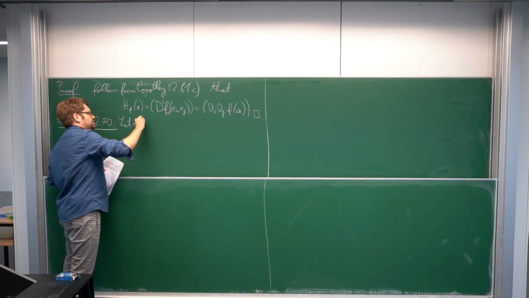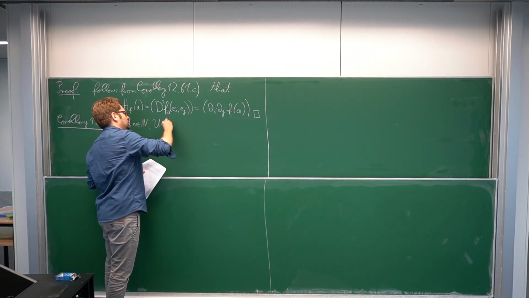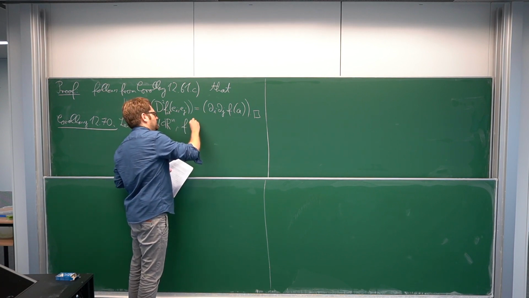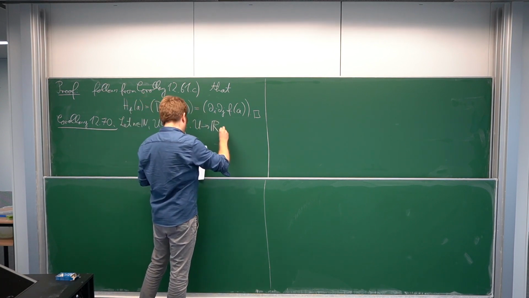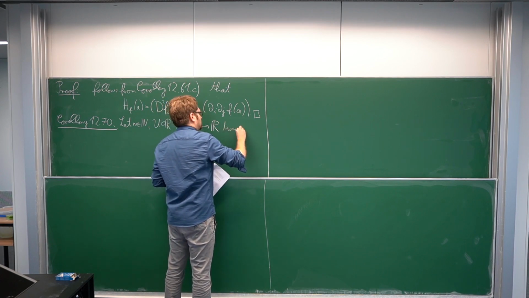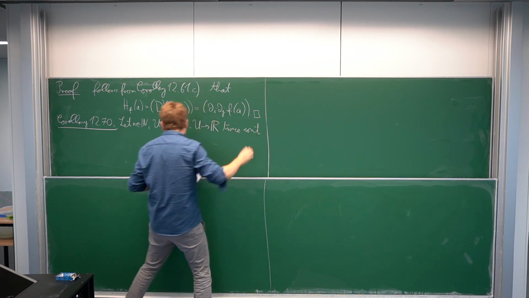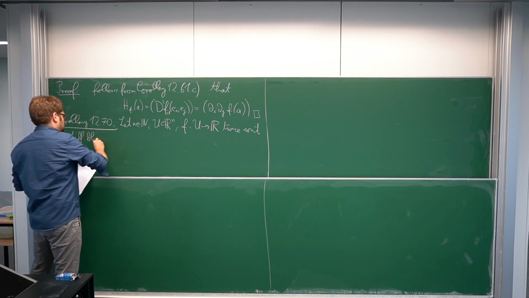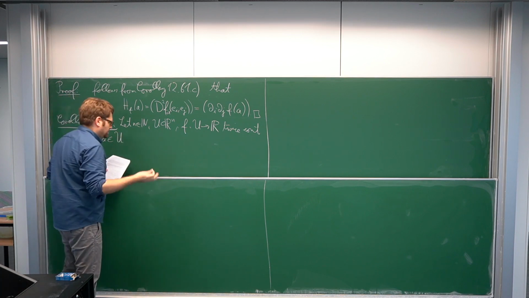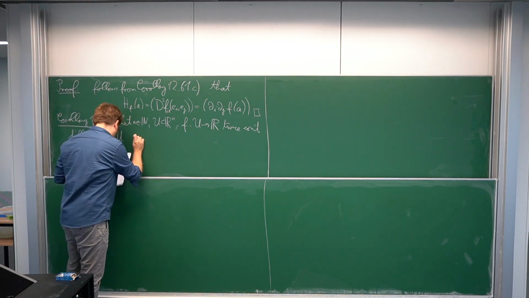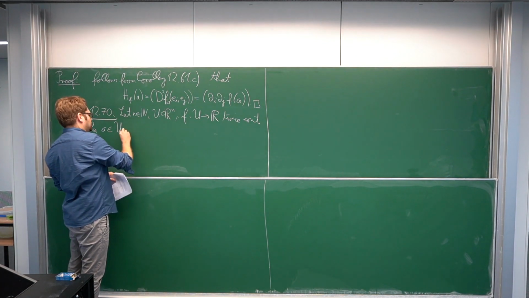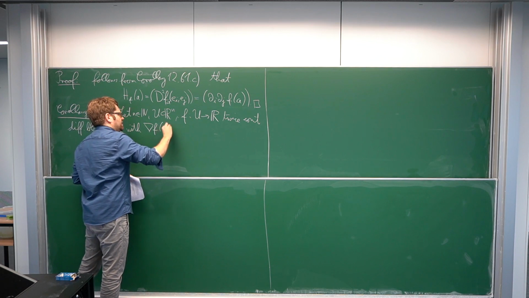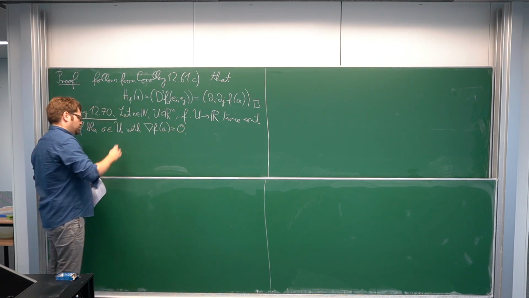Let n in N, U in R^n be open, f from U to R twice continuously differentiable, and a a point in U. Then we can rephrase everything by the definiteness of the Hessian. I mean, this is what we've already seen. So a in U is a critical point, with vanishing gradient of f in that point. So just these three points.